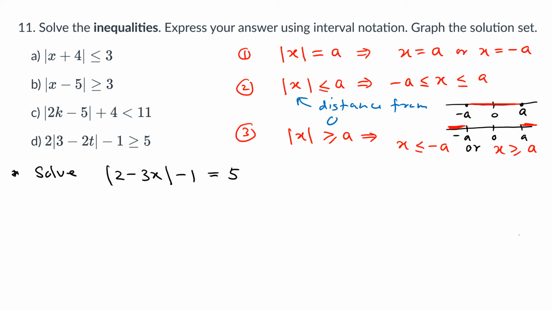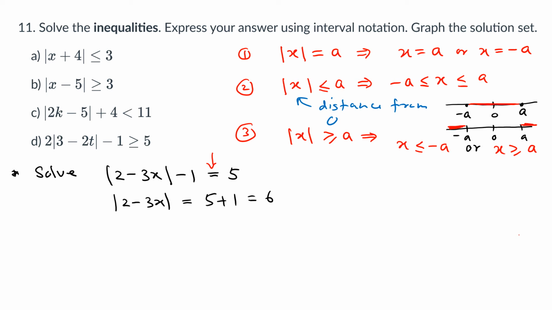This is an equal, not an inequality, so that means case number 1. What we try to do is isolate the absolute value term. To isolate the absolute term, we can add 1 to both sides. So we can write this as absolute value of 2 minus 3x equals, if you add 1 to both sides, 5 plus 1, which is 6.